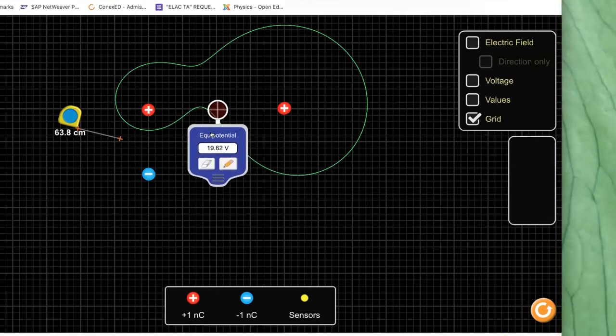Right here, right? Okay, you guys do that now. What's the voltage at the midpoint? Right there. Do the voltage of that, that, and that. And you should get 19.55.